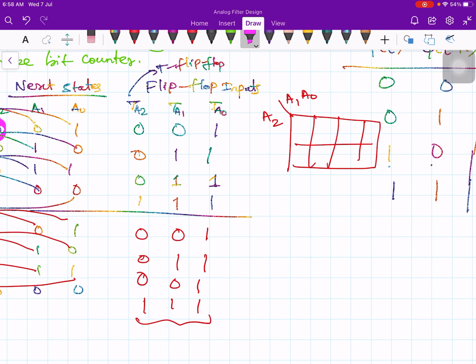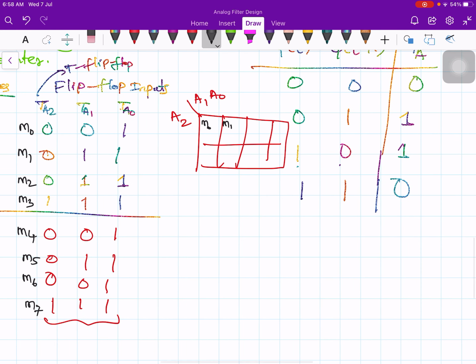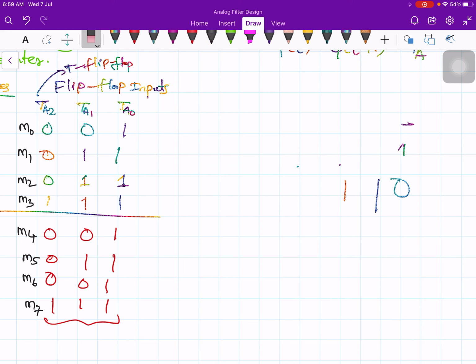Now this is minterm 0, M0, M1, M2, M3, M4, M5, M6, M7. Let me draw clearly. Let me take some more space and then draw it properly.